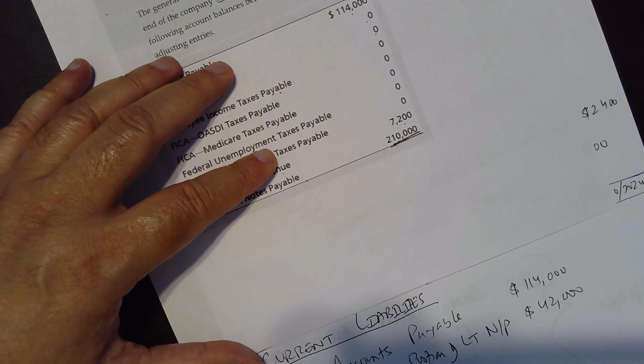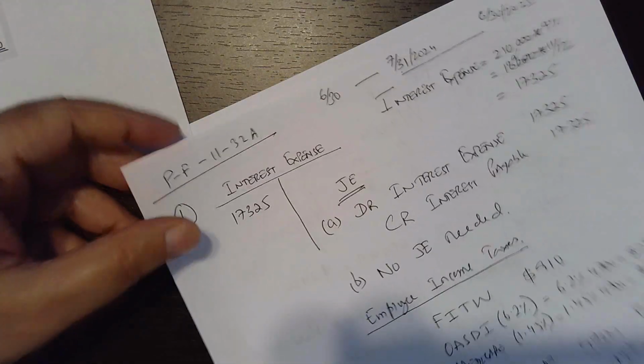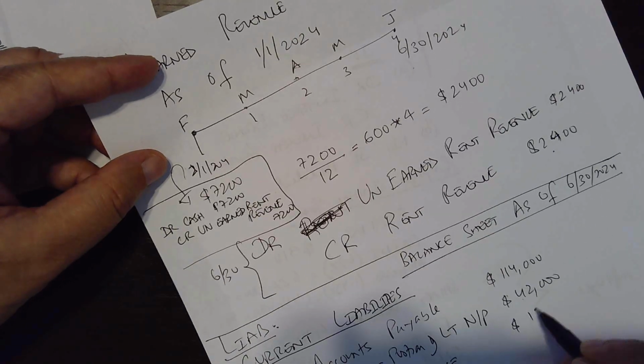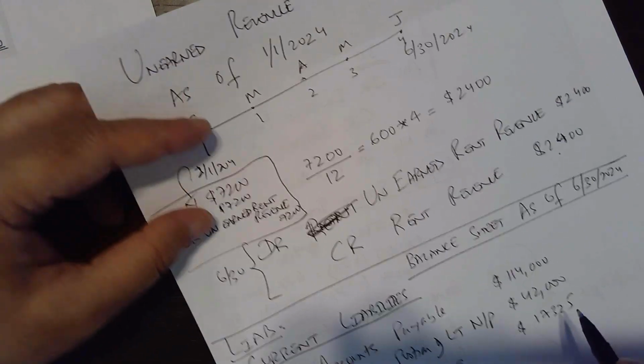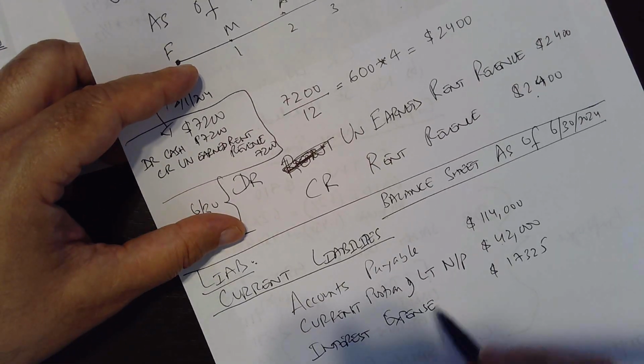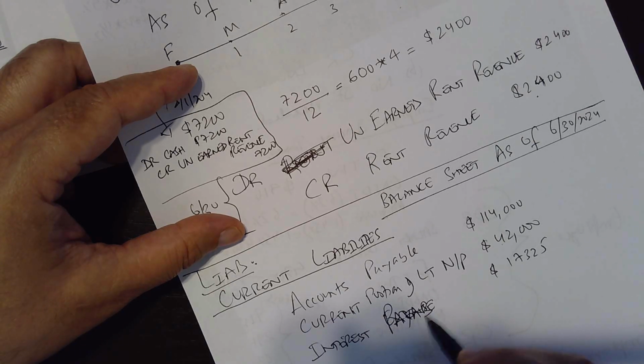And interest expense that we have calculated, which is, we have just calculated interest expense of 17,325. So that would be 17,325. And then we have interest payable, not expense payable.